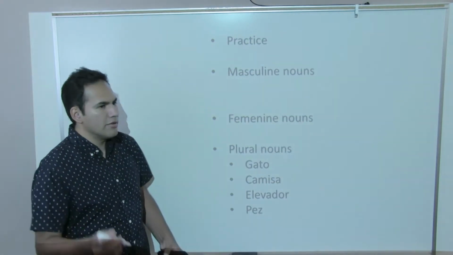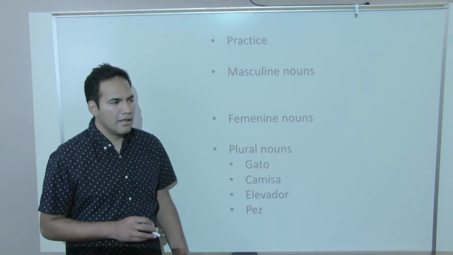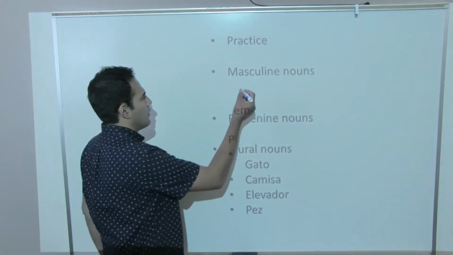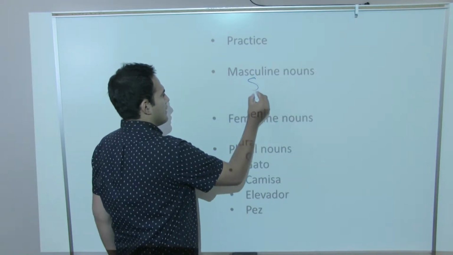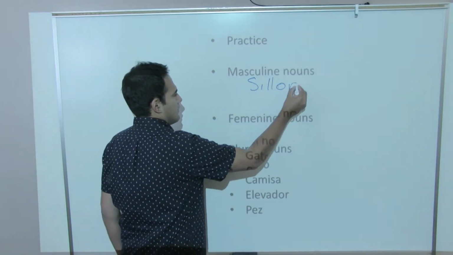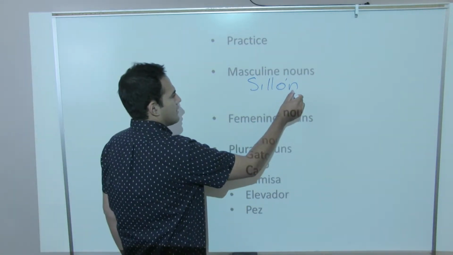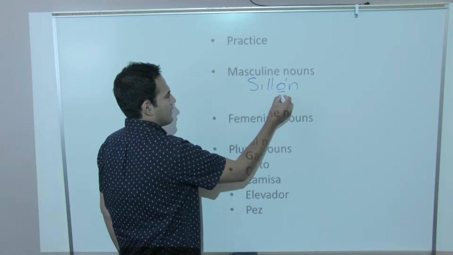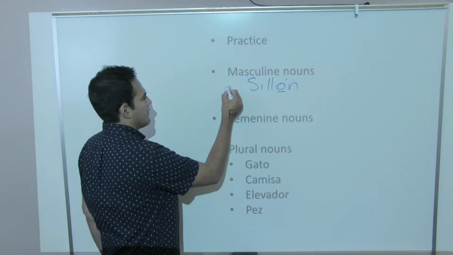So we talked about most of the words that end with an O are always going to be masculine. For example, we have the word Sejong. In this case, there's no O at the end, but here we have the O, so that means it's going to be masculine.